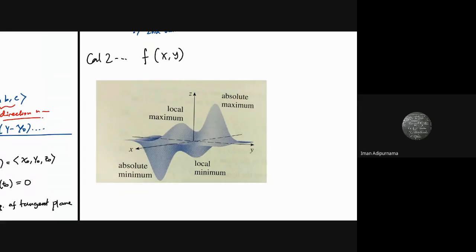Let's say we are limiting our restrictions only to this picture. Every time you see the lowest one, that should be the absolute minimum. The highest one should be the absolute maximum. And if you have one in between, it will be the local. It can be a local minimum or local maximum.